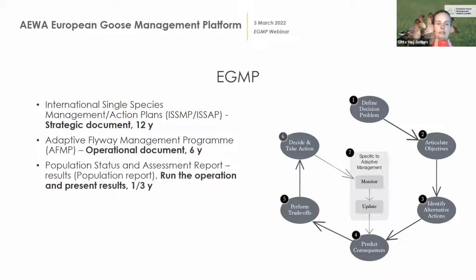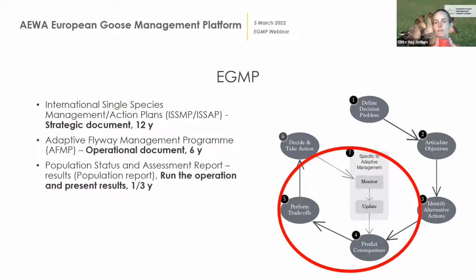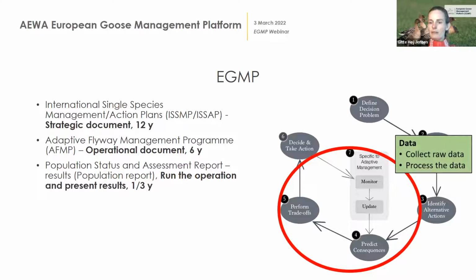Next, we take our operational documents and we make them run. Or you can say that we take a trip in the car and see how it works, because the population status and assessment report is where we run the operation and we present the results. So that's the part down here in the red circle. We do all the data collection of the raw data.